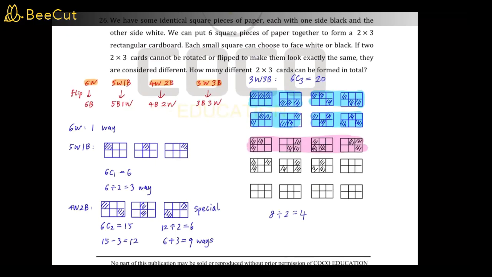Then you can also do the rotation. So these are considered as the same way. You can get them from the rotation or flipping.